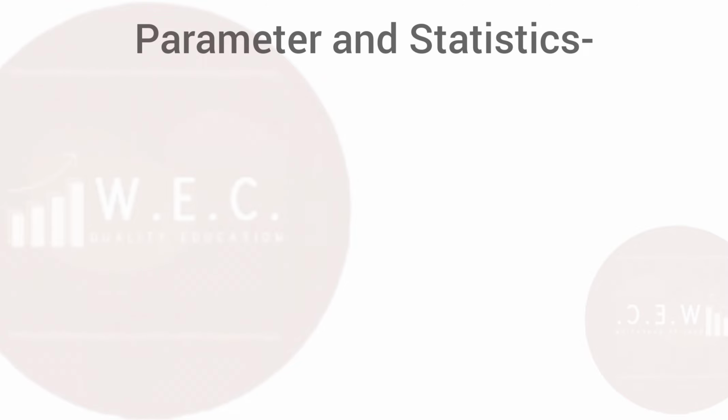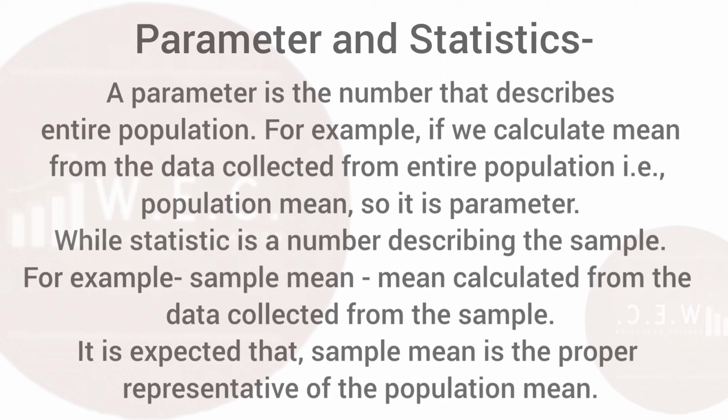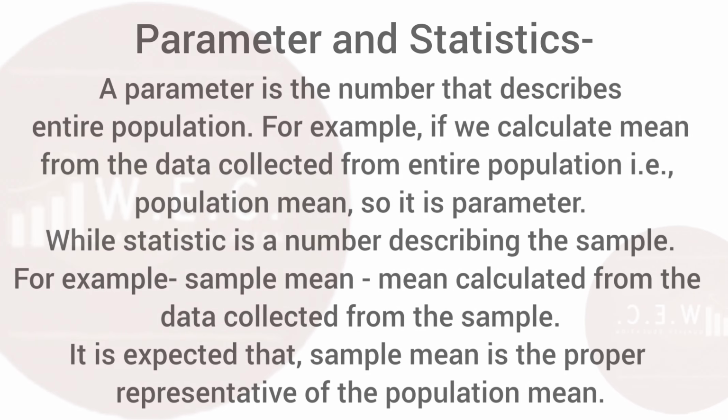What are parameter and statistic? A parameter is a number that describes the entire population. For example, the population mean. Population mean is the average that we calculate from the data we collect from the entire population. On the other hand, a statistic is a number describing the sample.